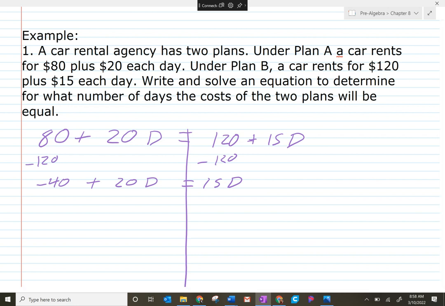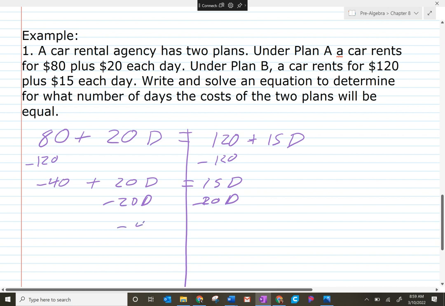Drexel, what are your thoughts next? If you want a hint, I got one for you. Let's get the D on one side, all by itself. If I move that one over, I've got nothing on this side. I've got a D and the constant on this side, but I've got nothing left over here. Yeah, minus 20. I like it. I'm going to subtract 20D from both sides.